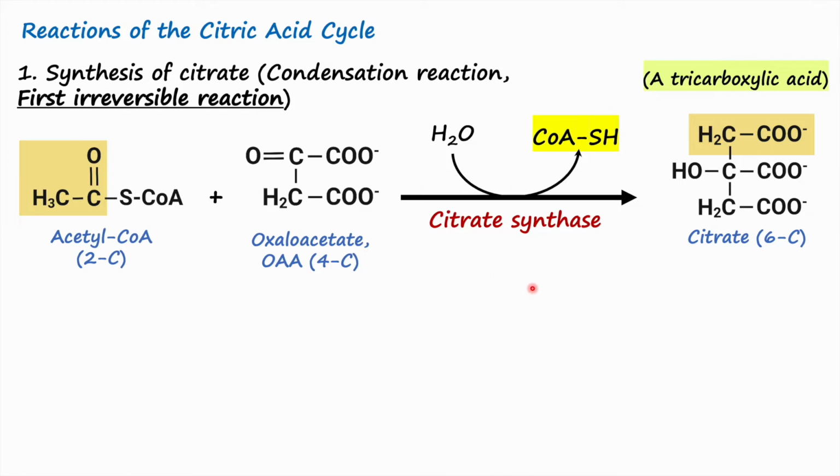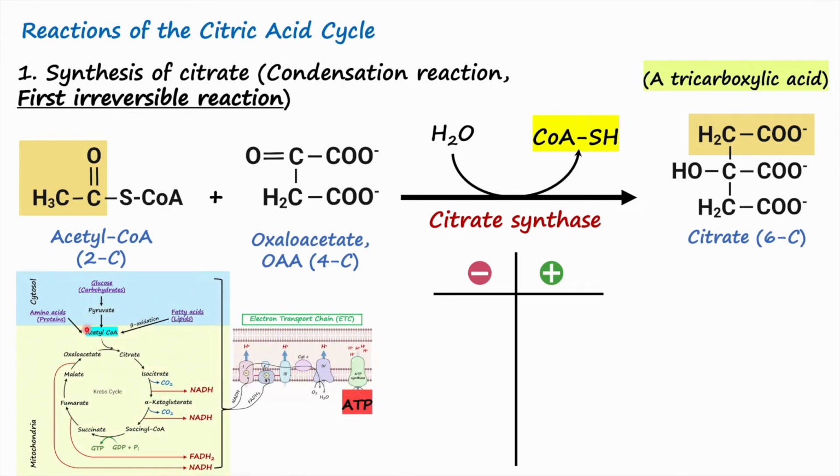Since the first reaction of the citric acid cycle is irreversible, the citrate synthase enzyme is also under tight regulation. So let's talk about the activators and inhibitors of citrate synthase, and let's first talk about the inhibitors. For instance, if too much acetyl-coenzyme A is being synthesized, it is going to be oxidized, and the electrons carried through these reduced coenzymes are going to be passed through the electron transport chain to synthesize ATP.